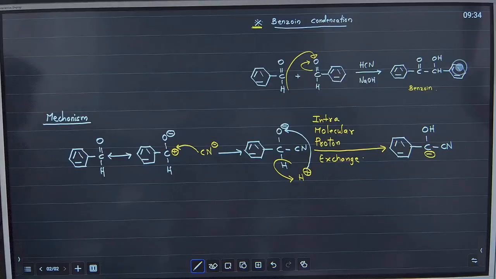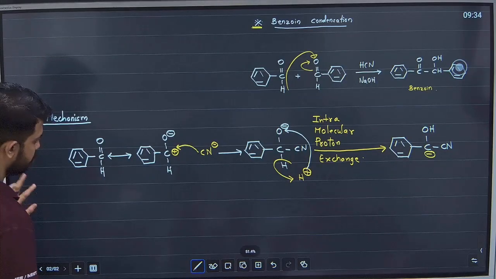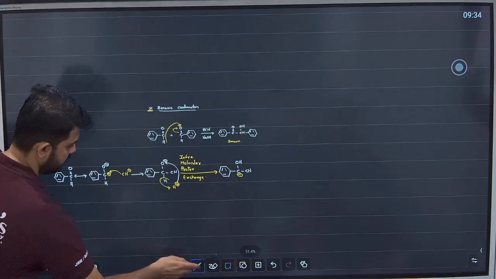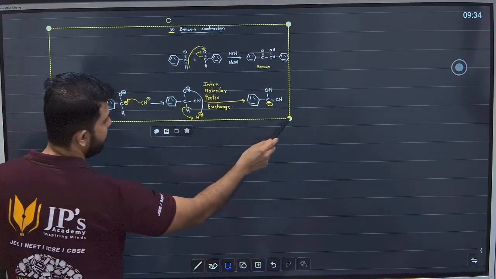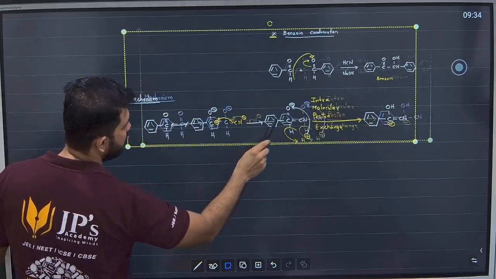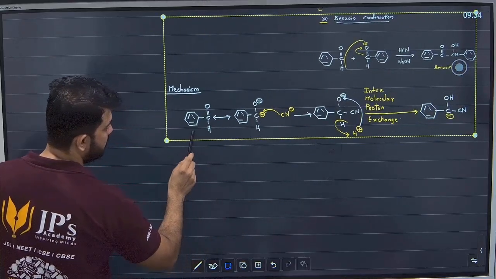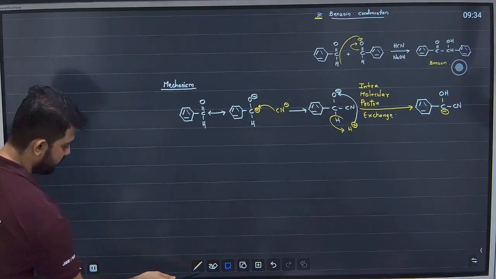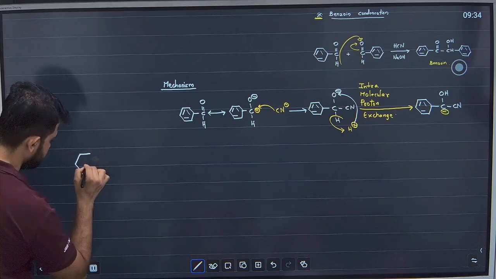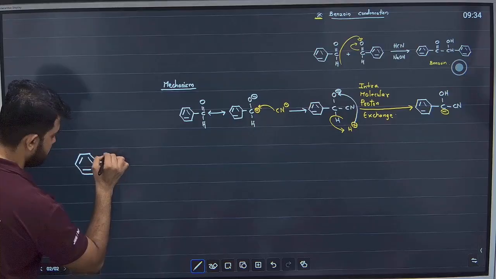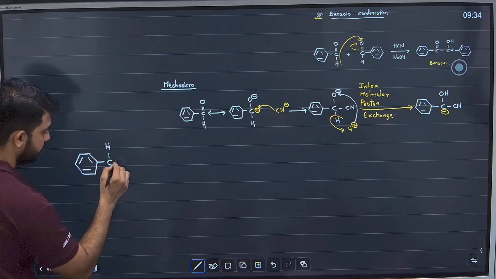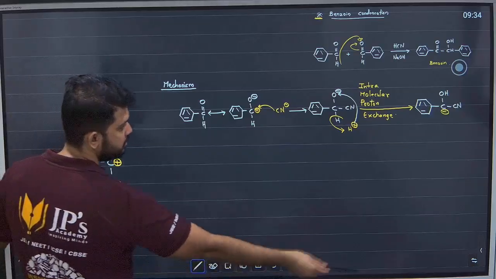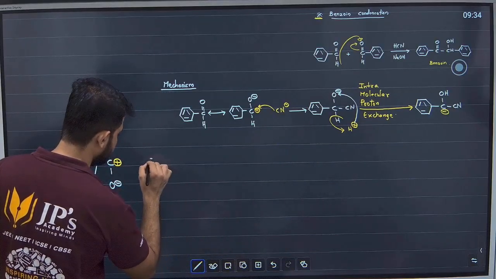Now, once again, after that intramolecular proton exchange, let's say this is your benzaldehyde that we get after resonance. This is my intramolecular proton exchange.